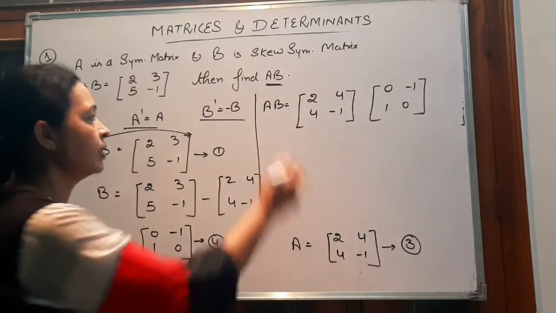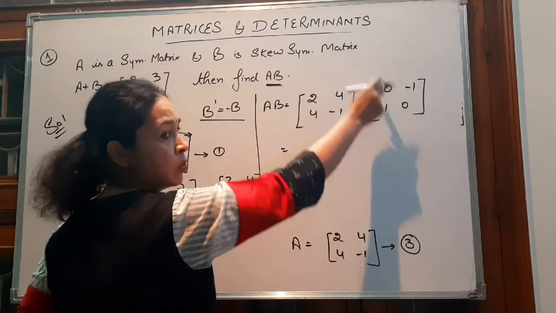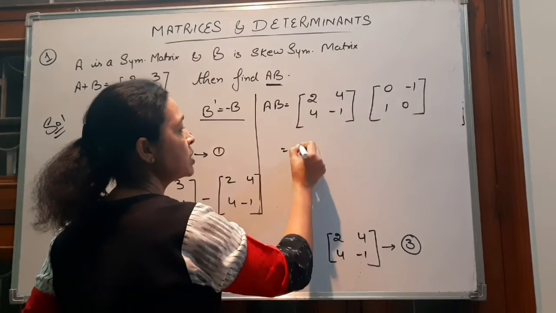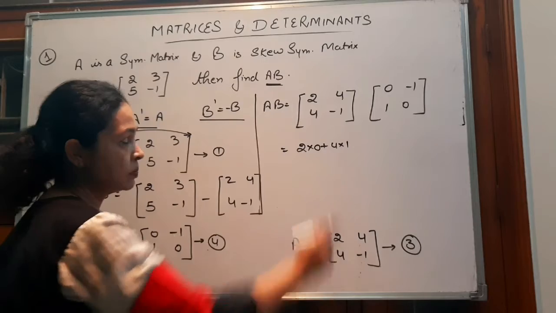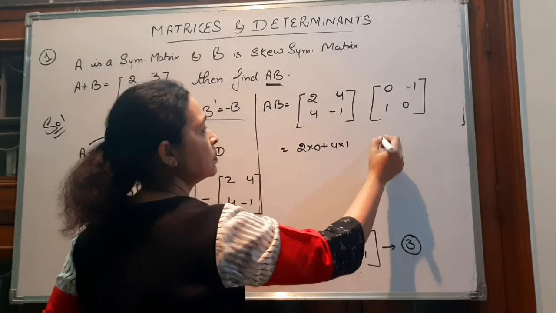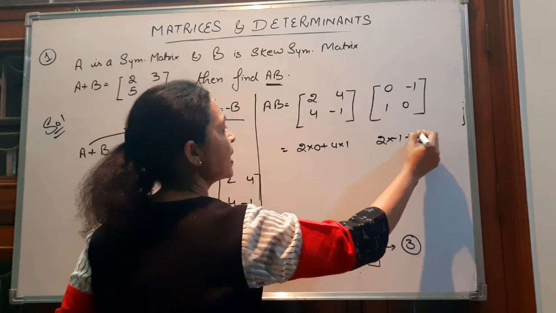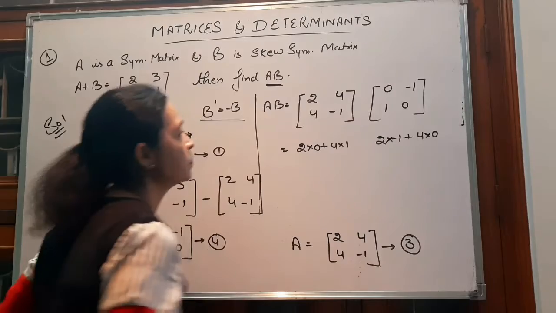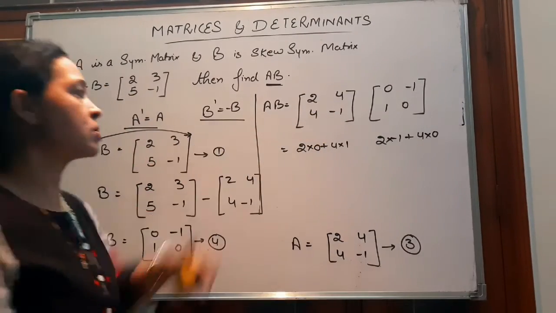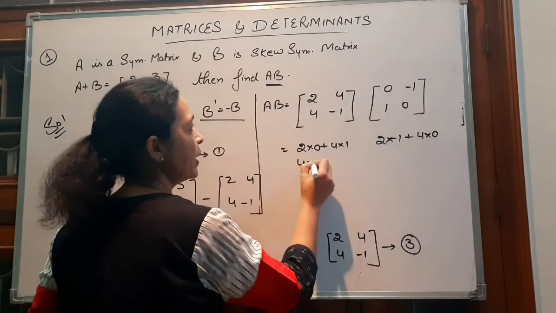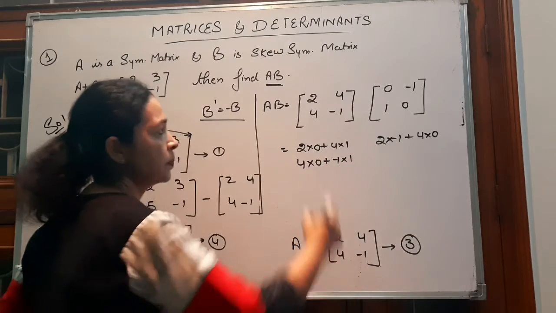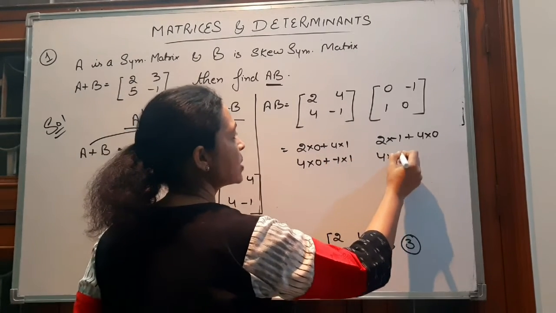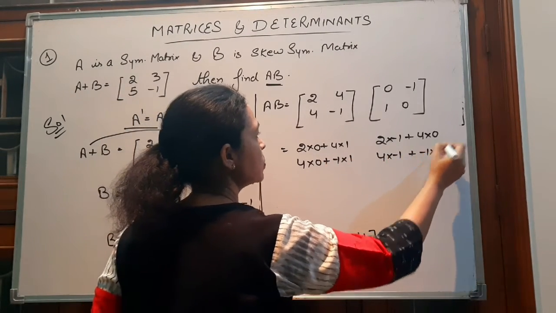Multiplication is defined. Now, first row with first column: 2 into 0 plus 4 into 1. First row, second column: 2 into minus 1 plus 4 into 0. Second row, first column: 4 into 0 plus minus 1 into 1. Again 4 into minus 1 plus minus 1 into 0.